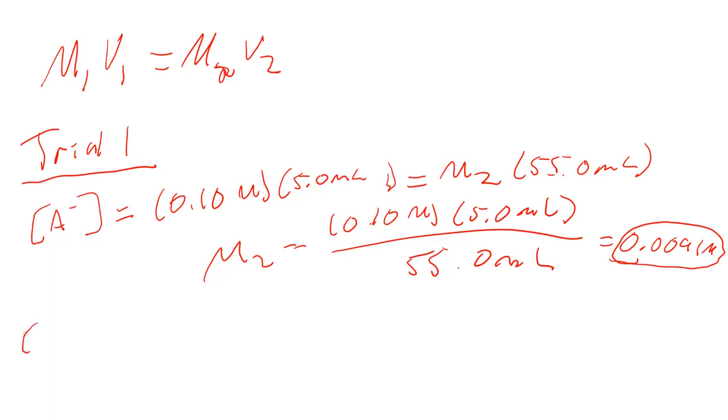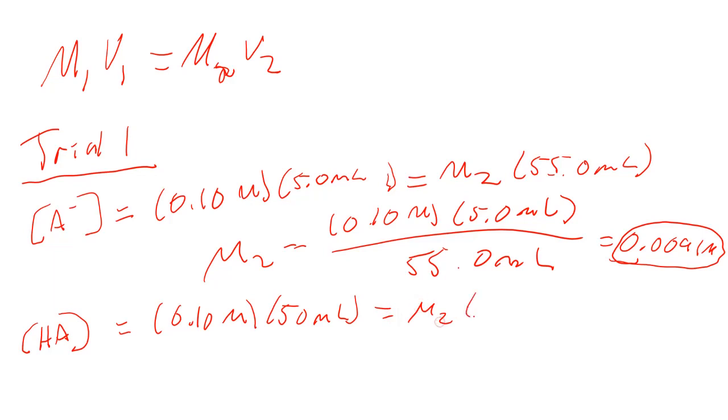Then for HA, you're going to take 0.10 molar, and we added 50 milliliters of that. That's equal to M2, and we had a total volume of 55 milliliters.